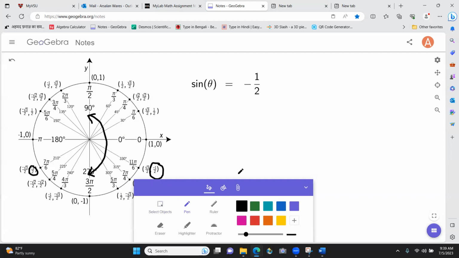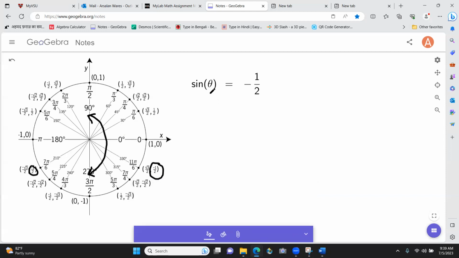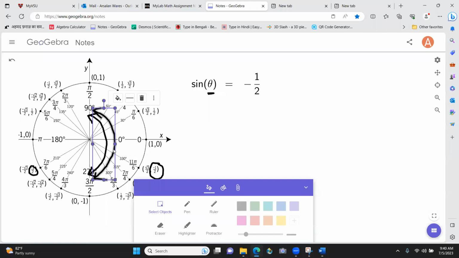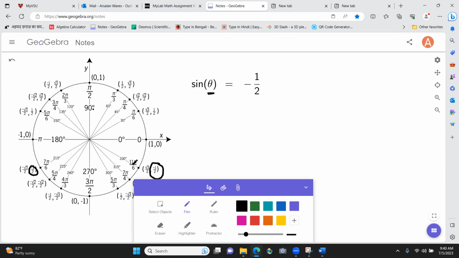And mathematicians have decided that when they ask you to find the value of sine theta, you look for the answer in the first and the fourth quadrant. It's kind of arbitrary. They have decided that for you. You don't look for the answer in the second or the third quadrant. For cosine, you look at the answer in the first and the second quadrant.